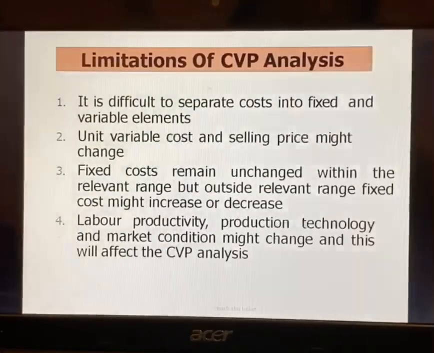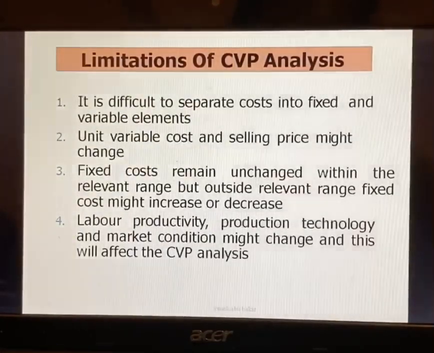Number 3, the fixed costs remain unchanged within a relevant range, but outside the relevant range, fixed costs might increase or decrease. And the limitation number 4, labor productivity, production technology, and market conditions might change, and this will affect the cost volume profit analysis.